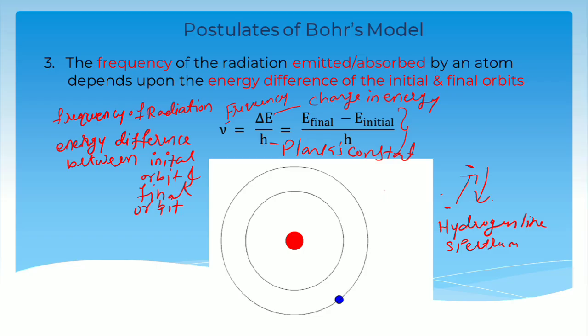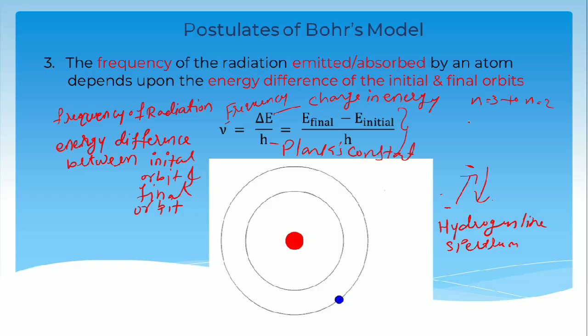Suppose an electron moves from n equals 3 to n equals 2: the electron loses energy and emits a photon of light.